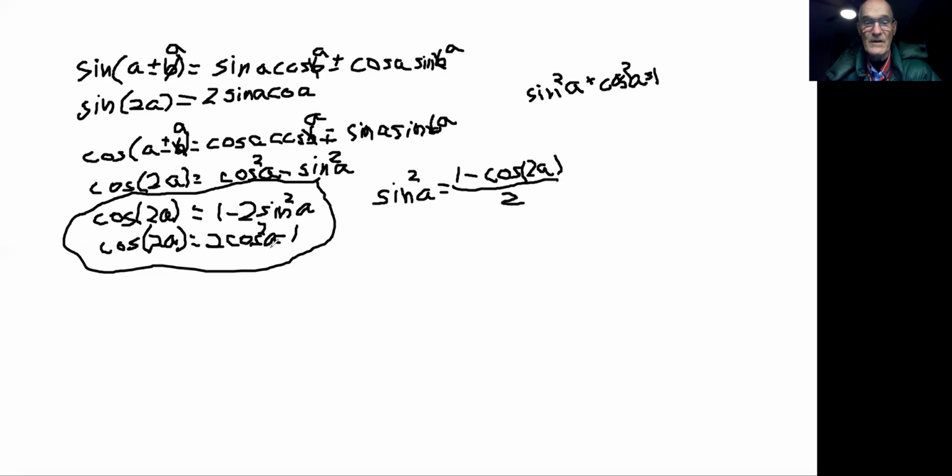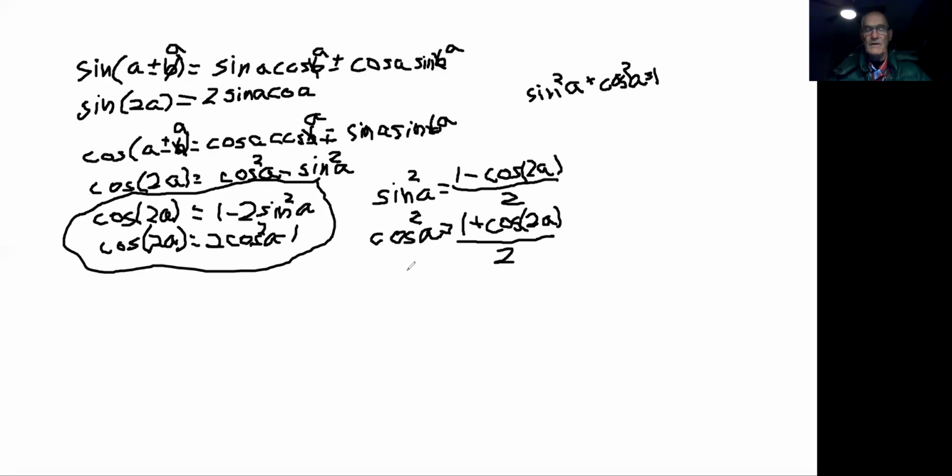And by the same token, if I use this formula here, I get cosine squared A equals something very similar, except now it's 1 plus cosine 2A over 2.